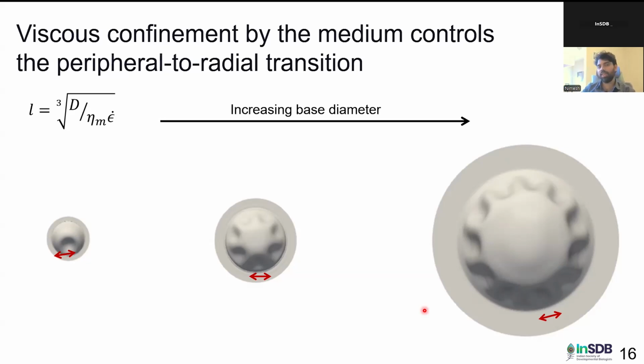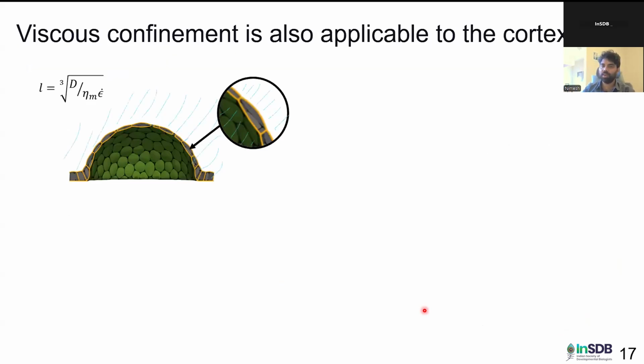So with this, we thought the same logic was also applicable to the actin cortex. Just to think about it, the cell, for us in our model and in our mind, is just a bag of actomyosin cortex. And the cortex is very thin, about 100 nanometers. In this situation, you have compression acting on a cell, and the cortex is also getting compressed. It is surrounded by two different media.